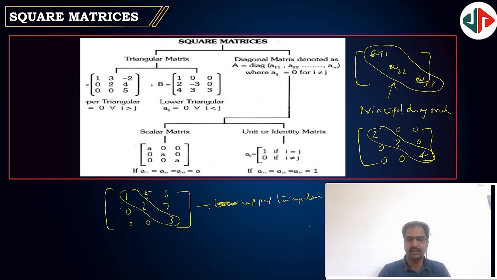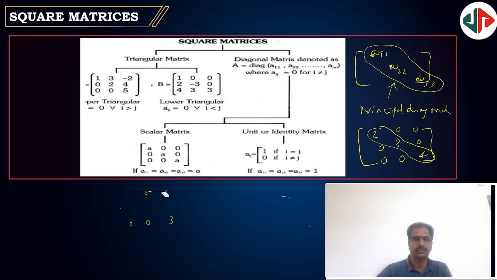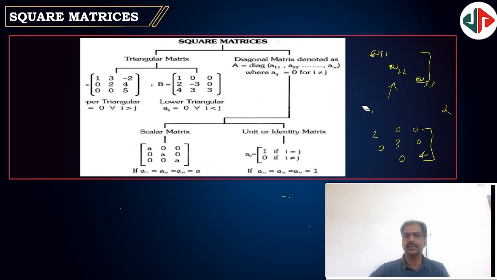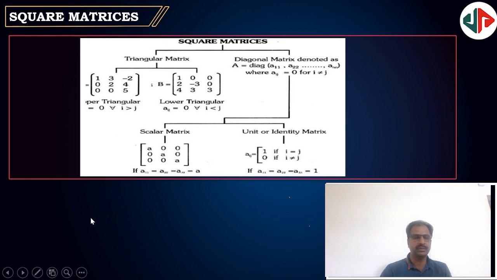Next, what is a scalar matrix? After knowing what is meant by a diagonal matrix: if all the elements other than the principal diagonal are zeros, it is known as a diagonal matrix.